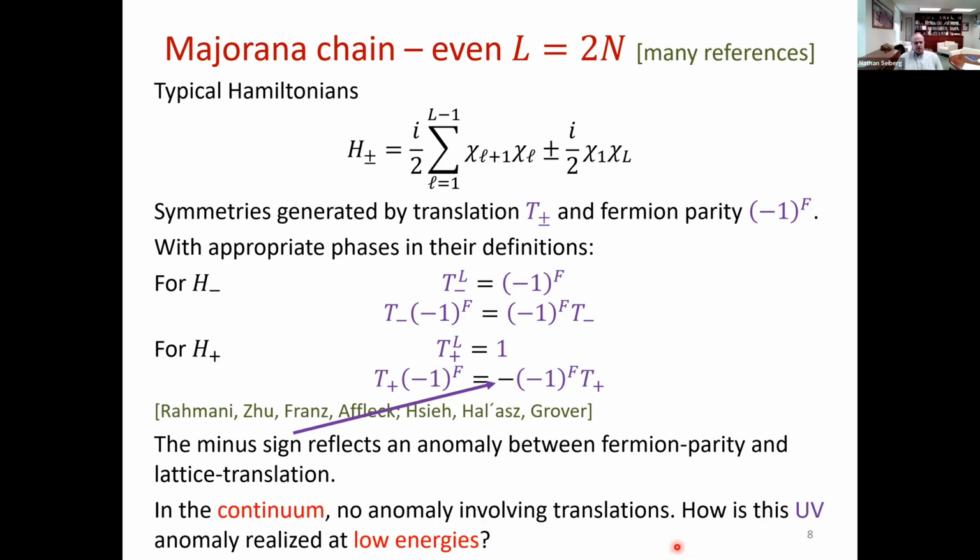It also raises another puzzle: in the continuum, there's no anomaly involving translation. So how are we going to match the 't Hooft anomaly, wherein on the lattice we have this anomaly, but in the continuum there's no way to get an anomaly between translation and -1 to the F? I'm going to answer this question.